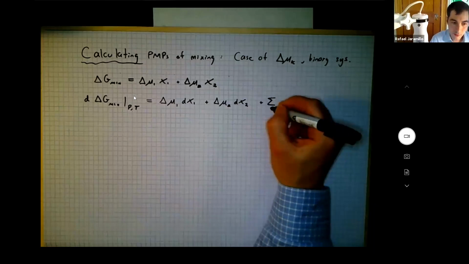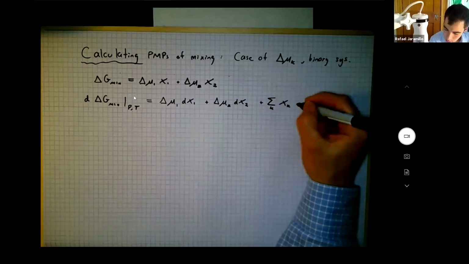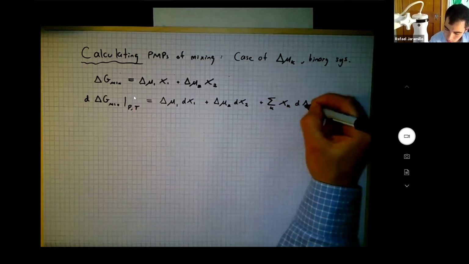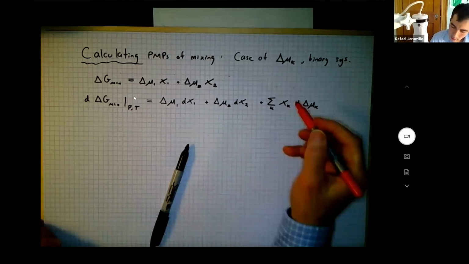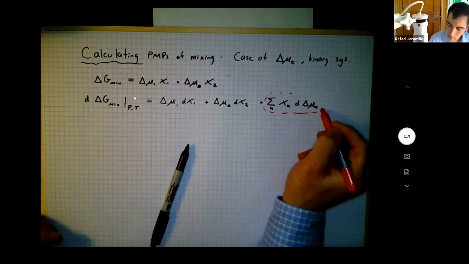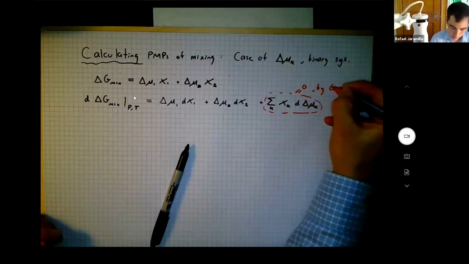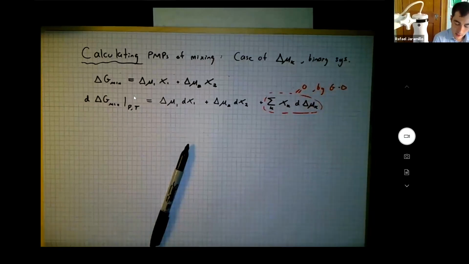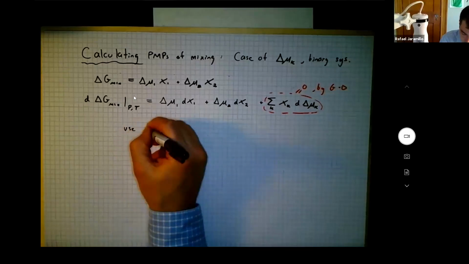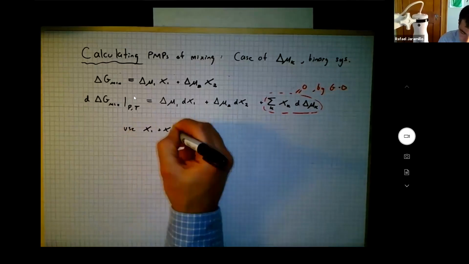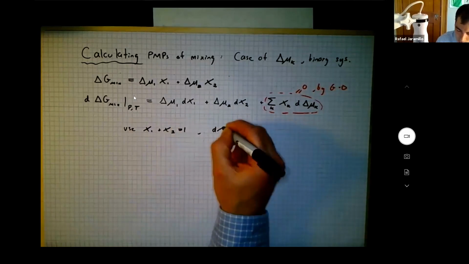You say, what about the chain rule? Well, that thing equals 0 by Gibbs-Duhem. So I'm left with these 2 terms here. Then I'm going to use x1 plus x2 equals 1, which means dx1 equals minus dx2.